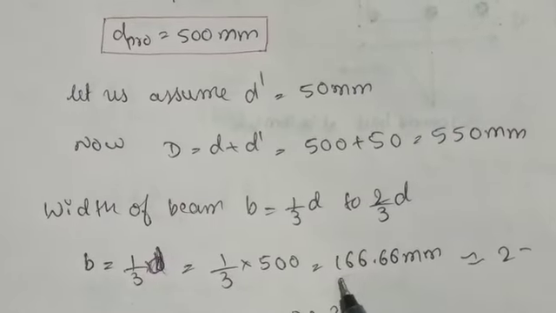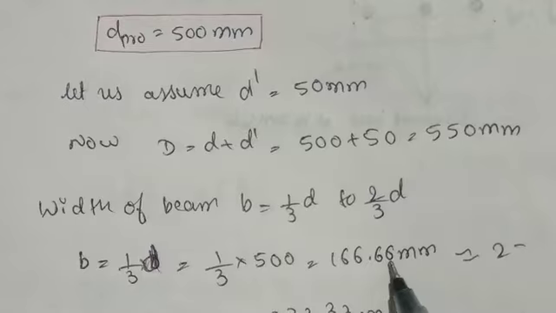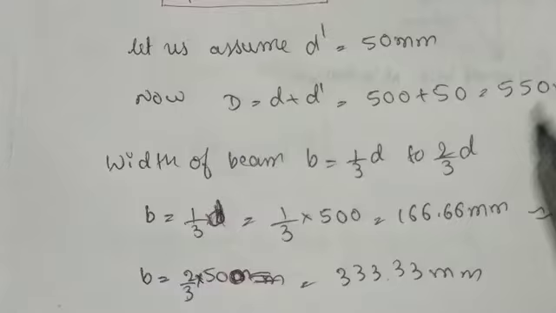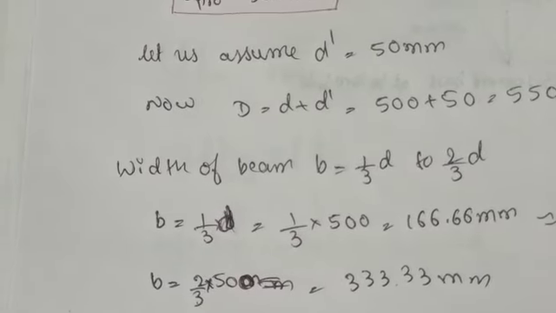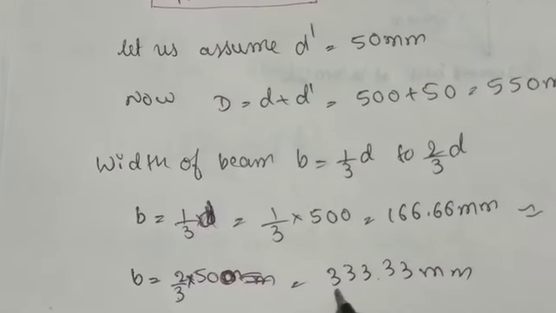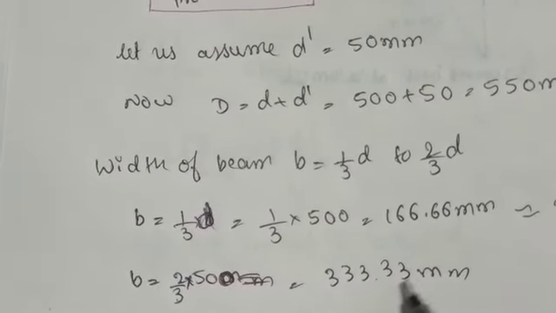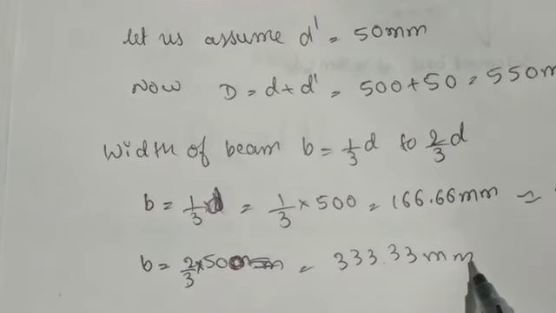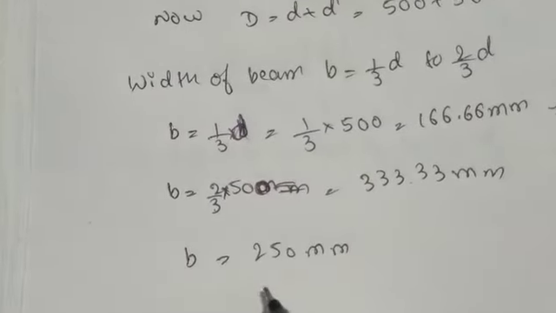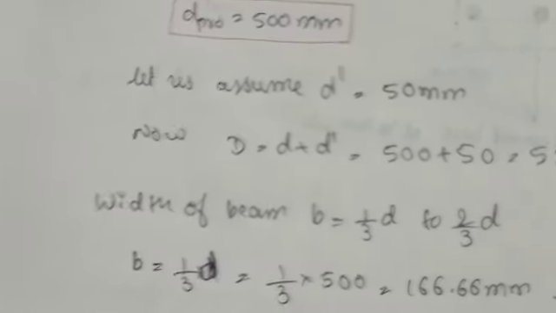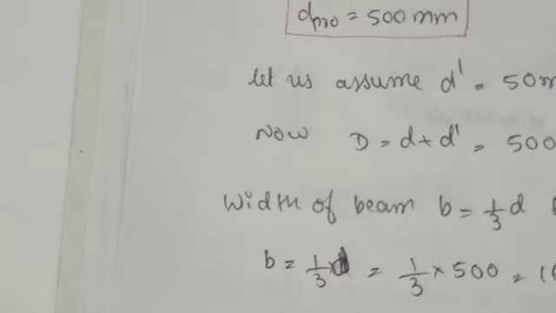After simplifying we'll get 166.66 mm. Now we'll also calculate 2/3 of effective depth, that is B is equal to 2 by 3 into 500. Simplify this, we'll get 333.33 mm. So I am taking an approximate value, B is 250 mm. This is how we calculate the width of the beam.